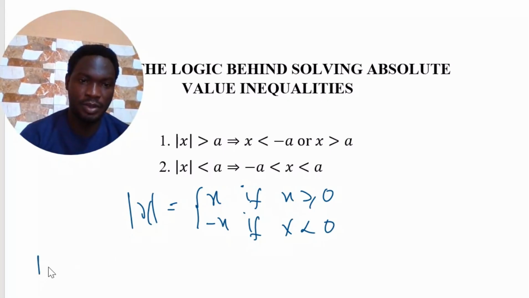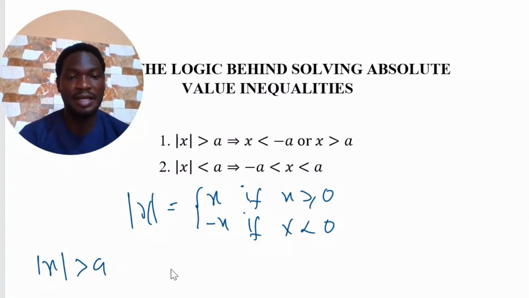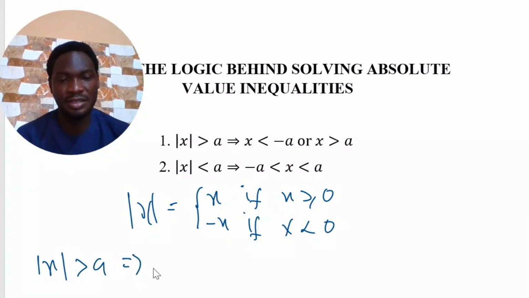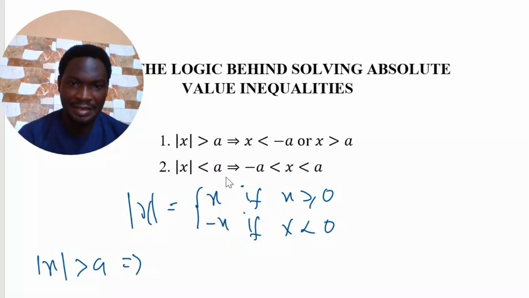So when we have absolute value of x greater than a, it implies two things, not one. Either x is greater than a or minus x is greater than a. Now, x is greater than a where x is greater or equal to 0.